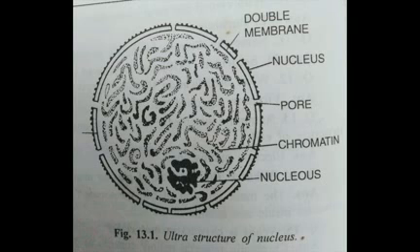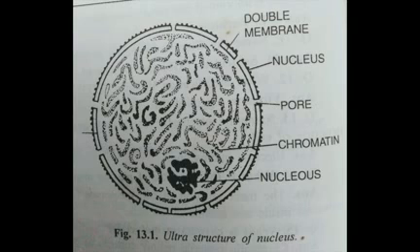Nucleolus contains RNA, that is ribonucleic acid. RNA is required for protein synthesis in the cytoplasm. So what are the basic components of the nucleus?